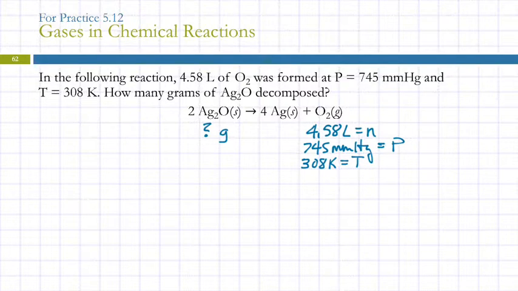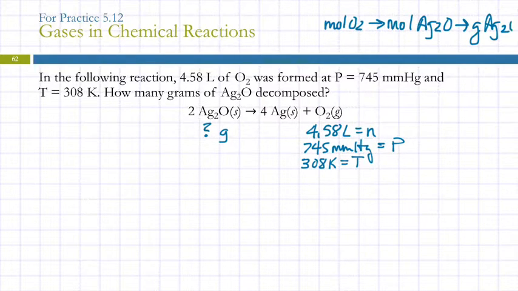Well, in the middle of every stoichiometry problem is moles. Moles of oxygen, the stuff we're given information about, to moles of what they're asking us about, Ag2O. This time they're asking for grams, so we're going to go to grams at the end. When we first learned stoichiometry, we would have started with grams of oxygen and converted to moles.